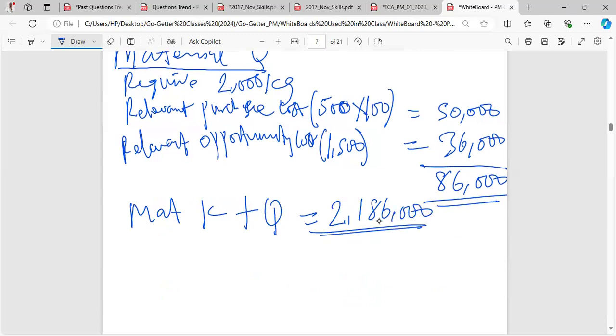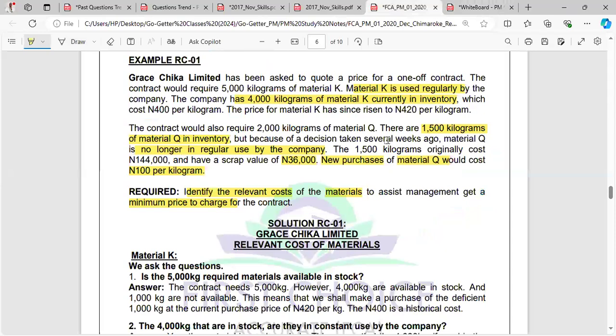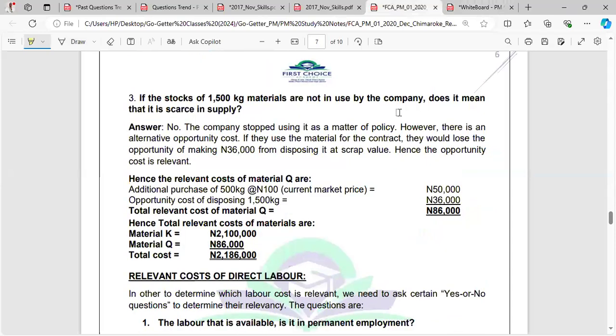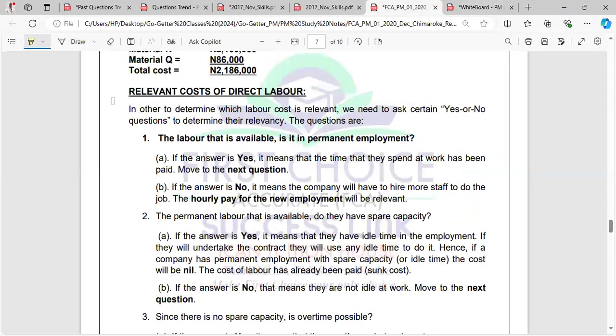Now this is the relevant cost of the material for the one-off contract. All right, so let's go to relevant cost of direct labor.